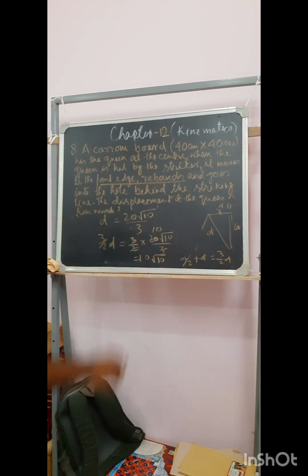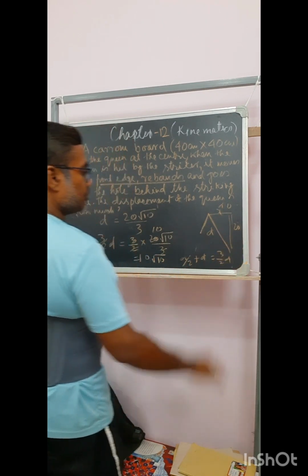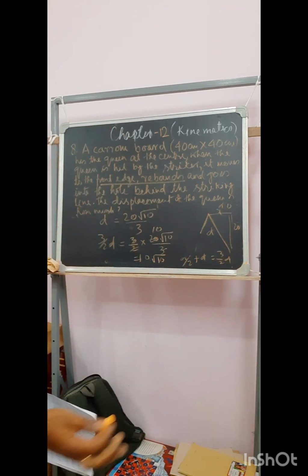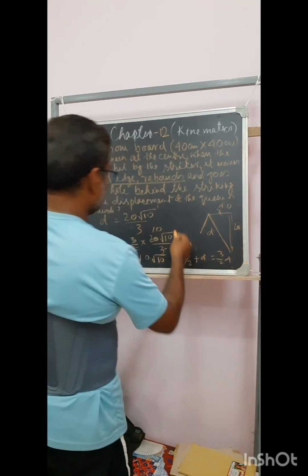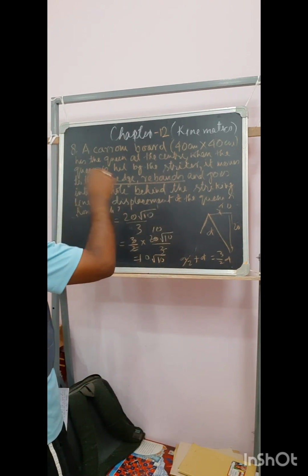So this will be your ultimate distance covered by the queen up to the pocket, if it is at all to be calculated. But I have done it even if it is not required.